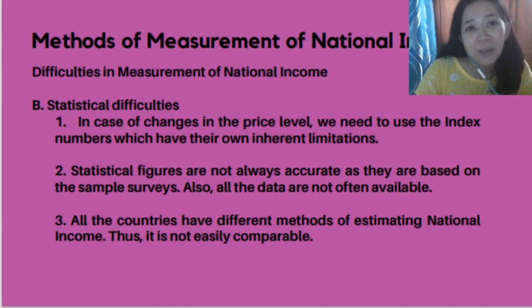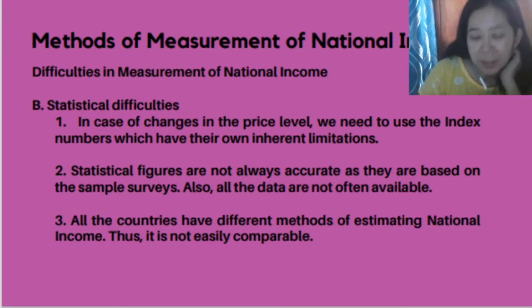The second difficulty refers to the statistical difficulties. Here, in case of changes in the price level, we need to use the index numbers, which have their own inherent limitations. Normally when we say index, this is provided by a certain agency or group of enterprises or sectors in an economy.